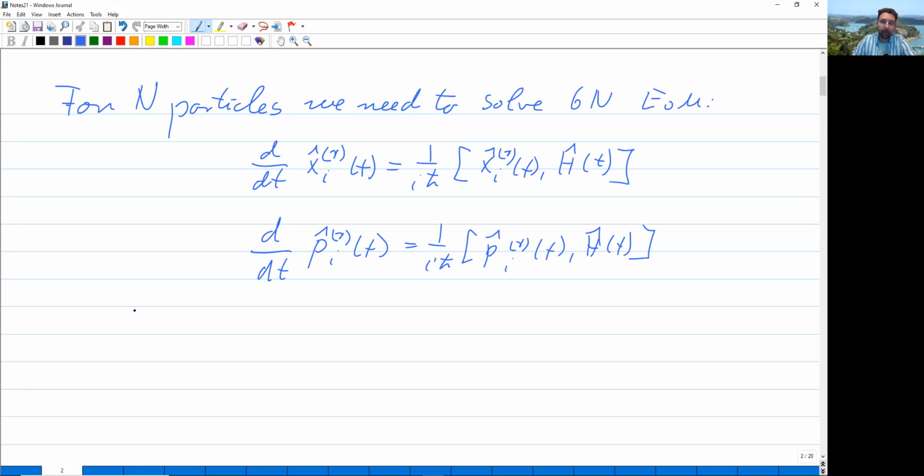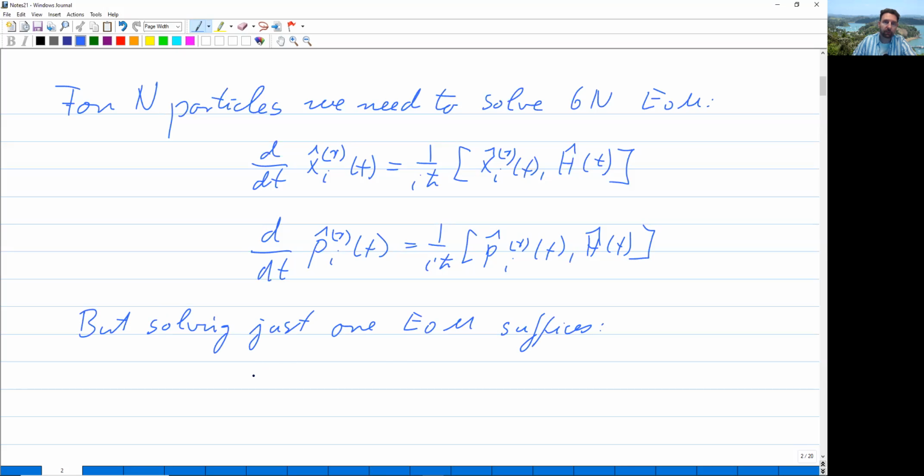Now, we saw that it suffices instead to solve just one equation of motion. And what was it?